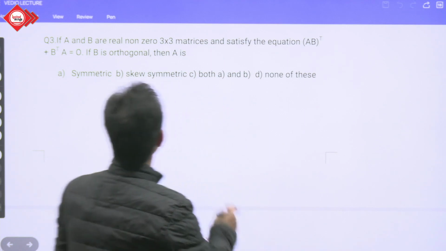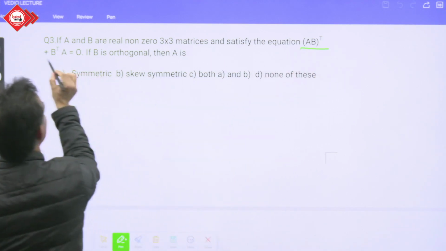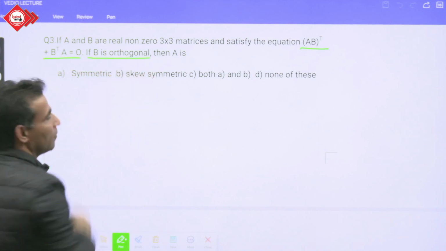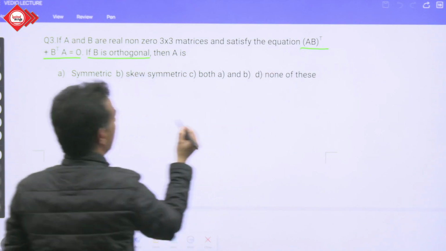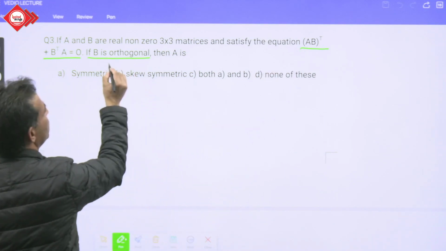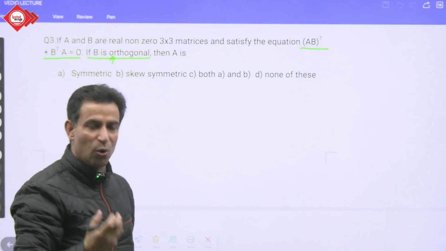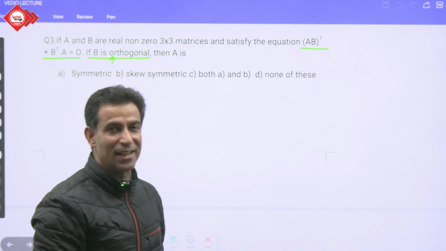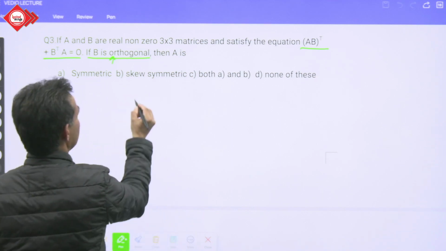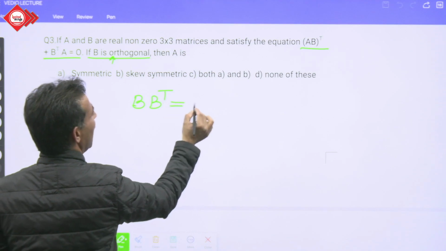Okay, let us make use of this condition and this, which is given. Let us take the second one first, this one. Okay, B is an orthogonal matrix. What does this mean? It means that B B transpose is an identity matrix.